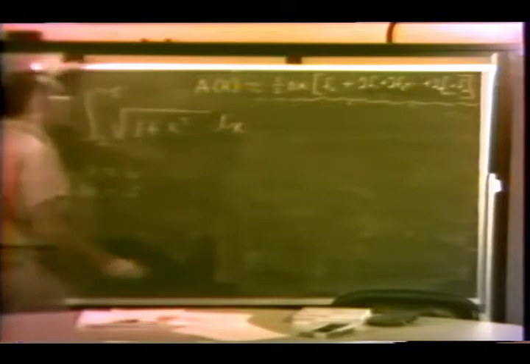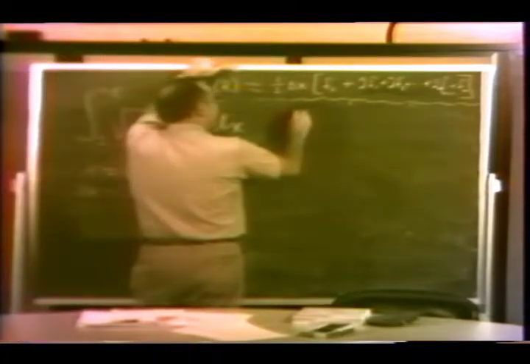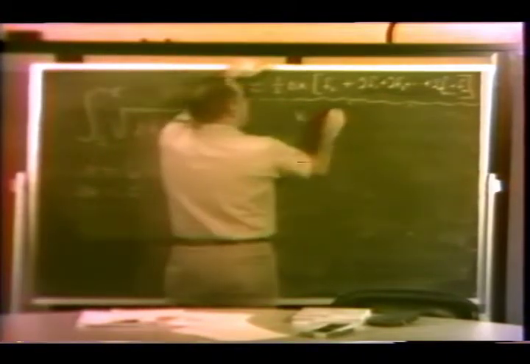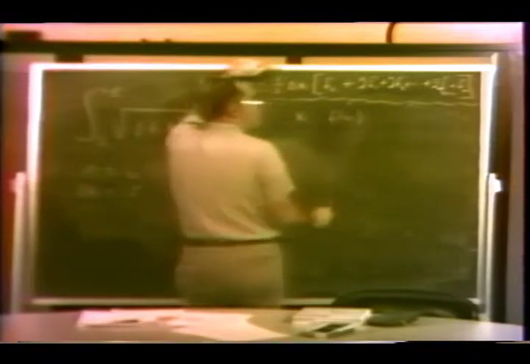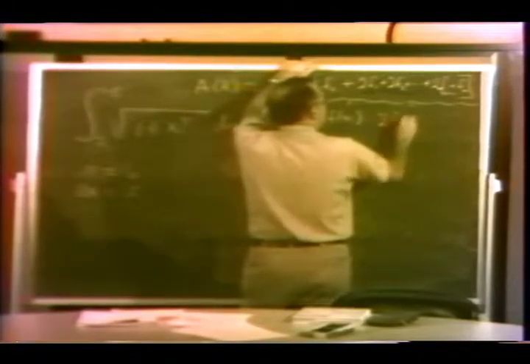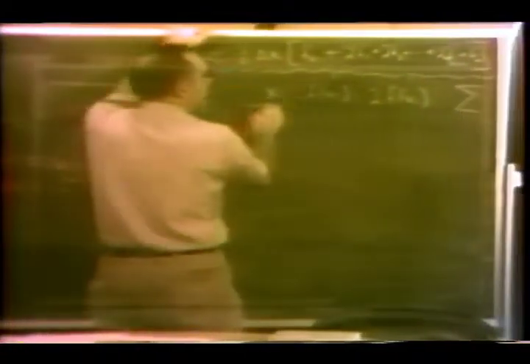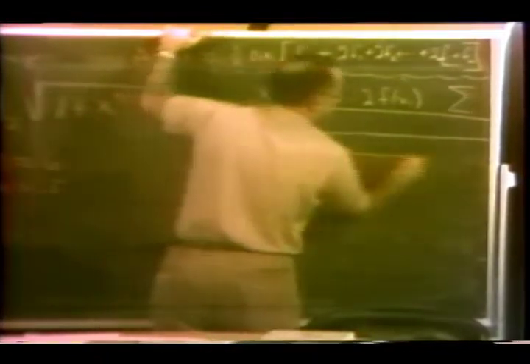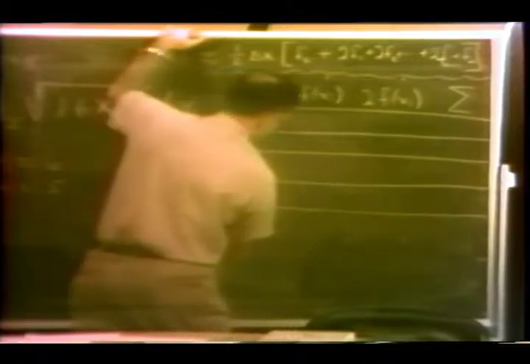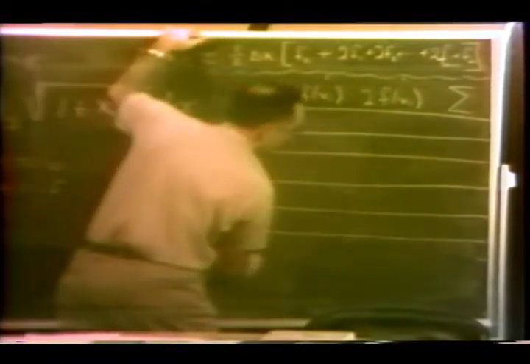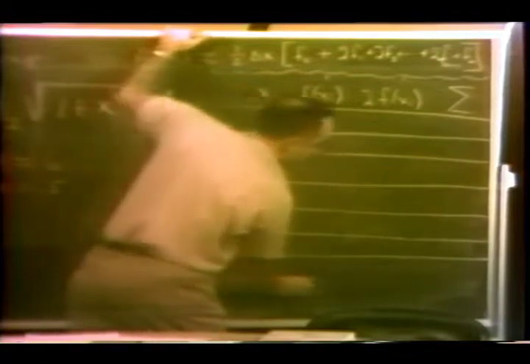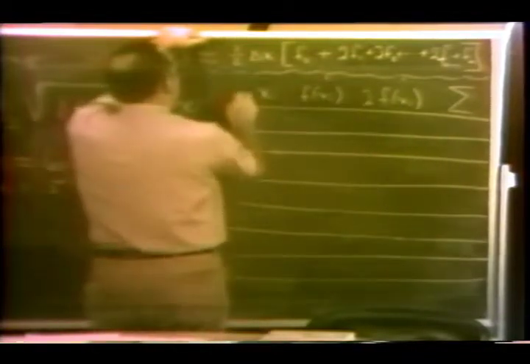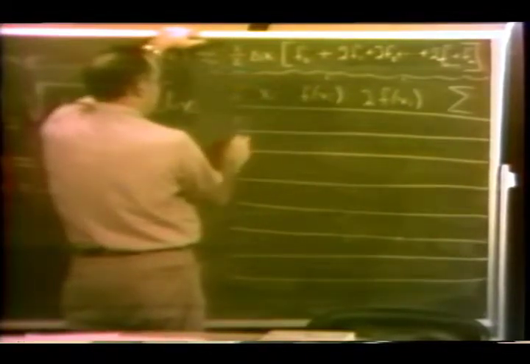So our scoreboard over here would look like this: xi, f of xi, twice f of xi, and the summation as we go along. Here I'm going to let i be 0 and not count those things.